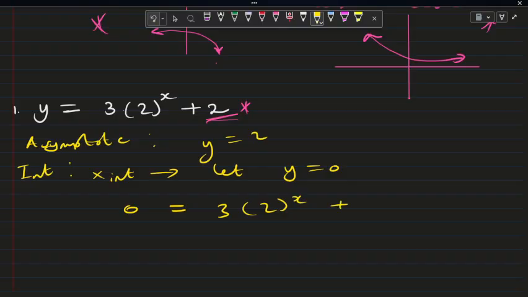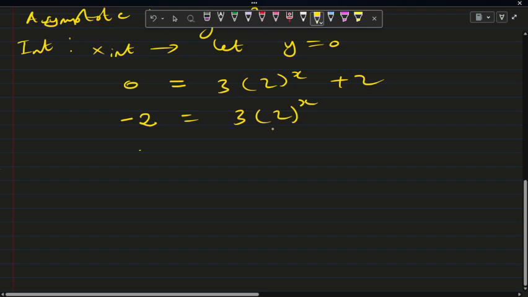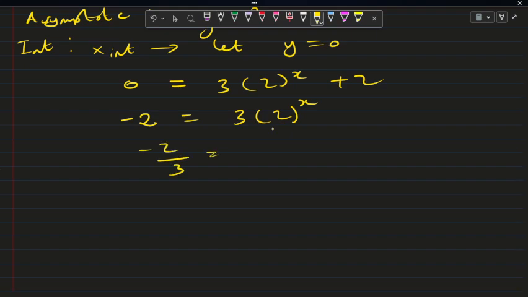3 times 2 to the power of x plus 2 is equal to 0. So 2 will go to the other side, so negative 2 is 3 times 2 to the power of x. And then we can divide by 3 on both sides.